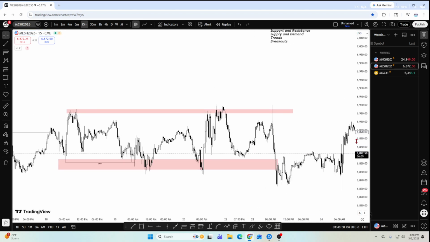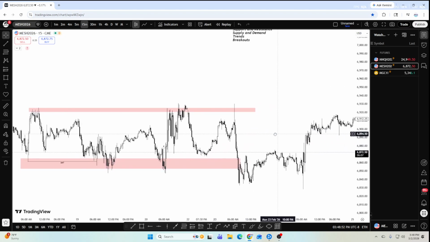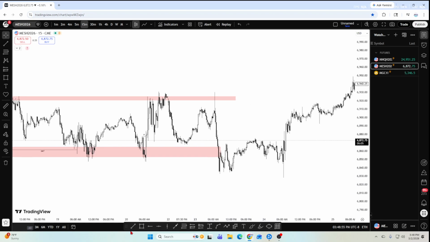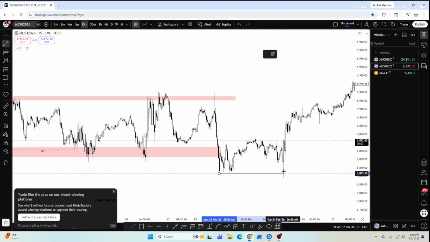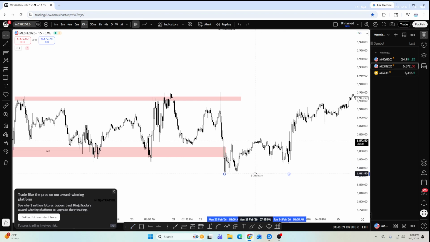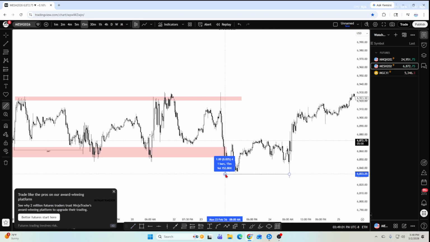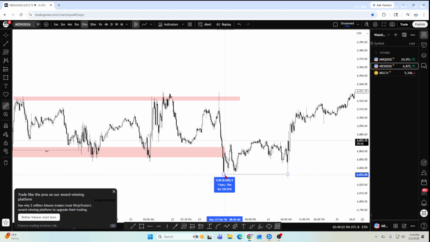So what we're focused on is finding the clean moves from when price actually shows that it's ready to go a certain direction, right? And we do that by identifying certain lows and highs of the candles.